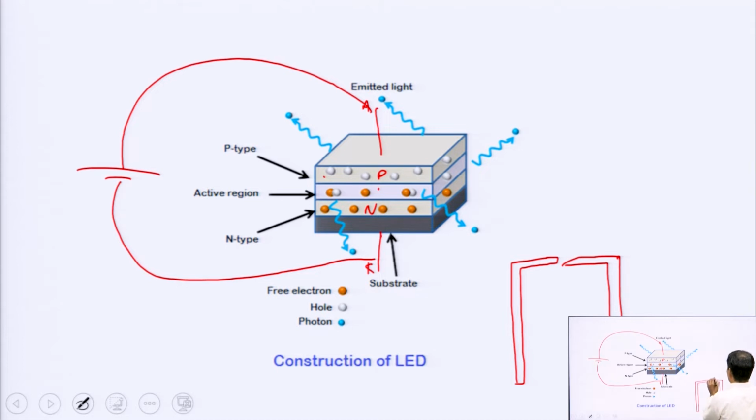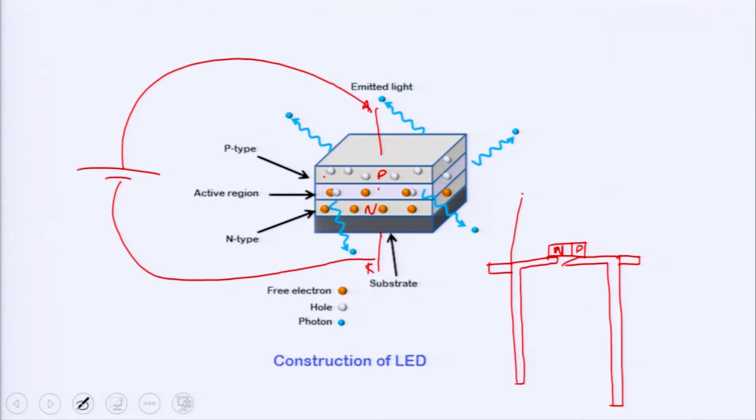The longer leg is the anode, and this is the layered structure, which is kept here. Okay guys, this is N type and this is P type, and this whole structure is kept in the glass envelope, and this is the active layer. This is the dome structure of the LED.